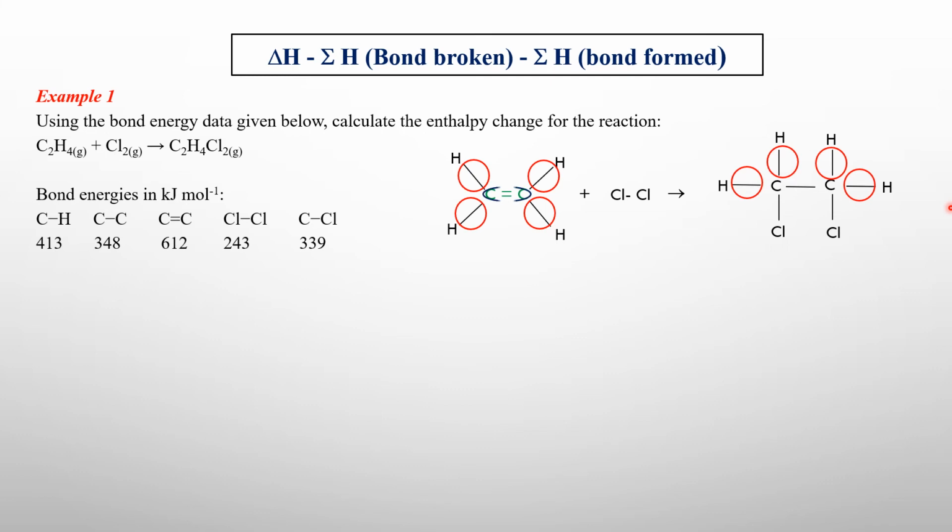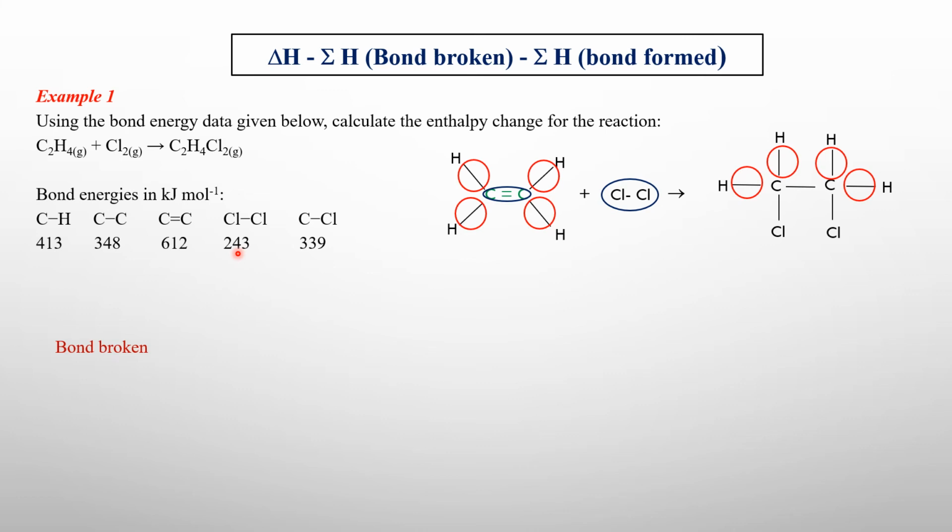That's one carbon-carbon double bond, whose bond energy is given here: 612 kilojoules per mole. And then we will be breaking this chlorine-chlorine single bond, whose energy is 243 kilojoules per mole. This is how you will write the information in the exam paper.